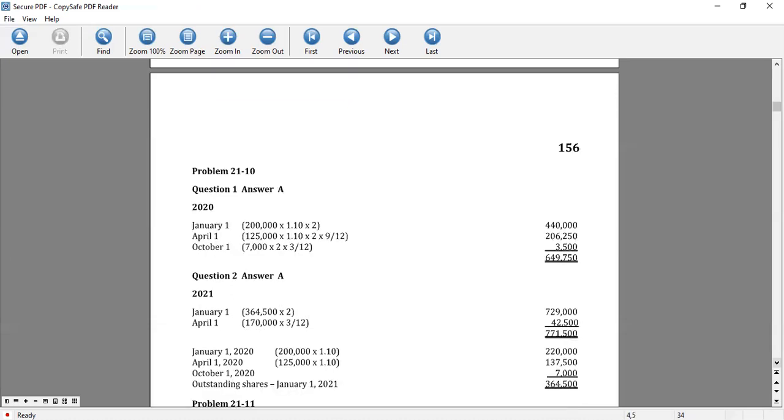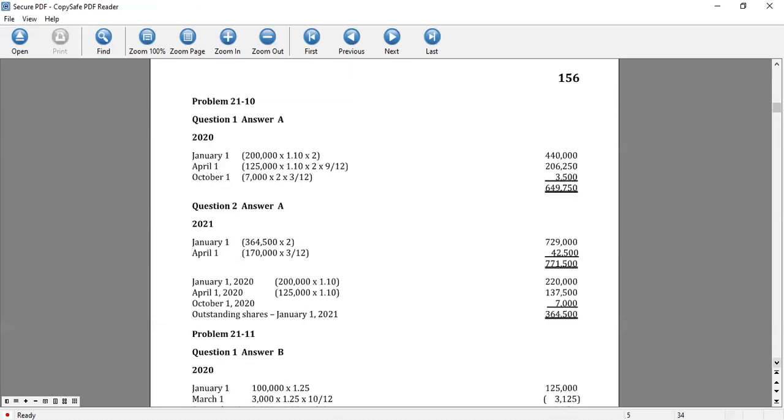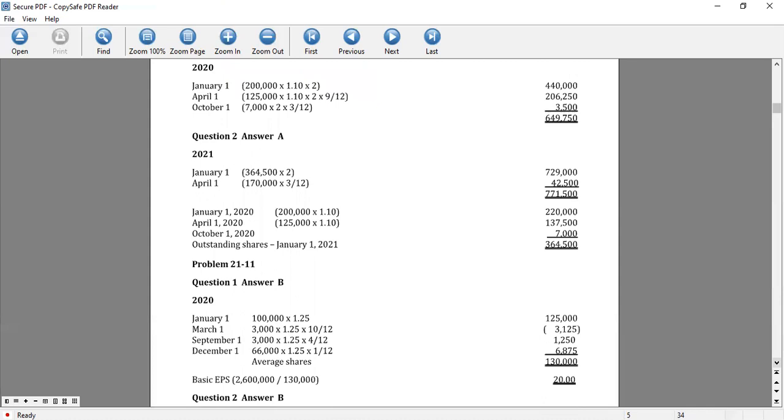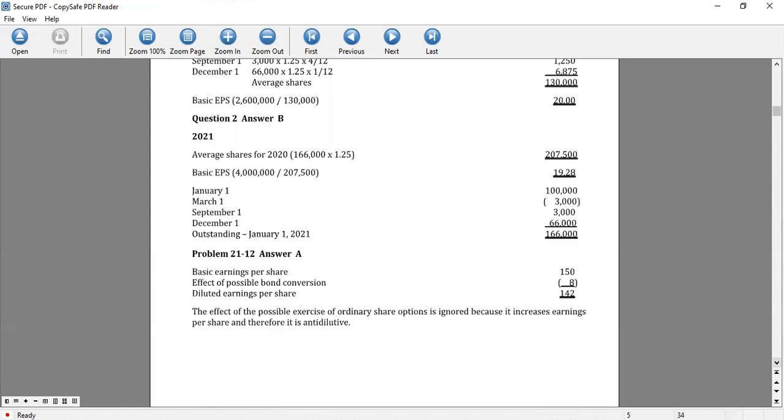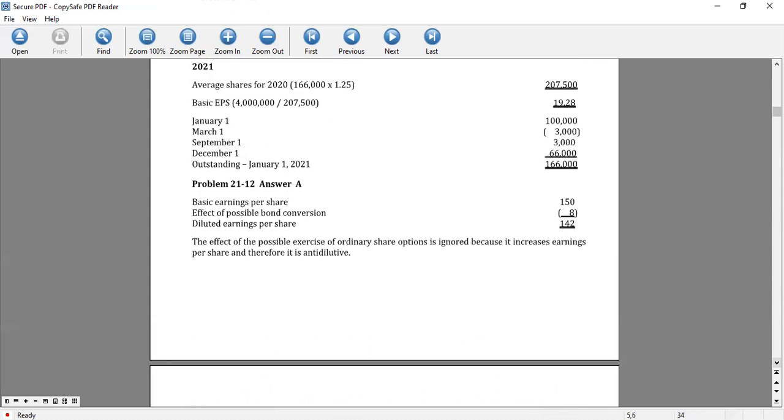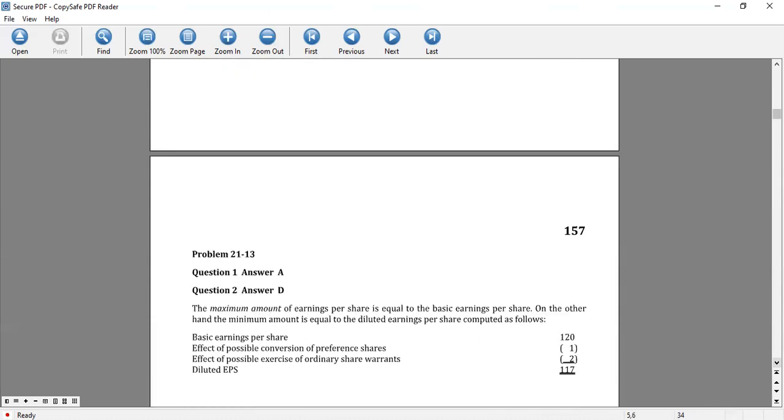Then 21-10: question 1 is A, question 2 is A. 21-11: question 1 is B and question 2 is B. 21-12, we have A. Then 21-13: question 1 is A and question 2 is D. The maximum amount of earnings per share is equal to the basic earnings per share.